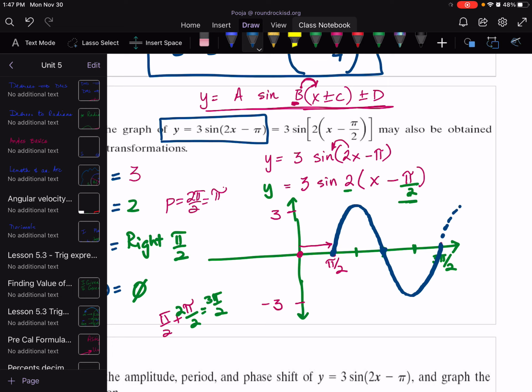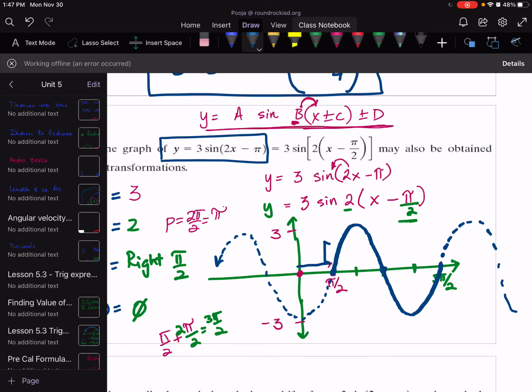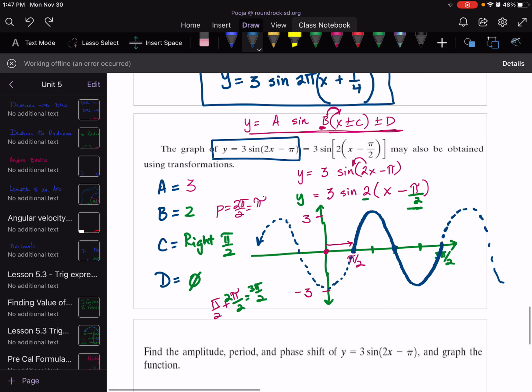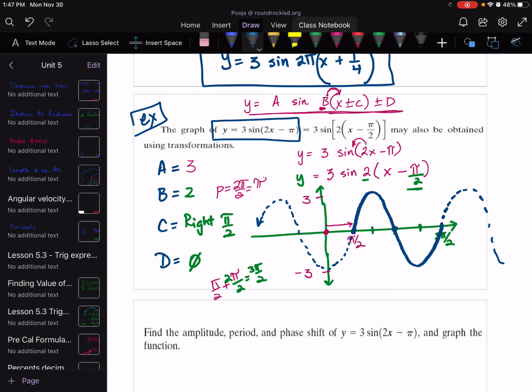And then of course you can see it continues, but you can see how it does not pass through the origin, because there is a horizontal shift to the right, pi over 2. If this last example made sense, be very proud of yourself, because that was a tough one. Anytime there's C, it leads to confusion.